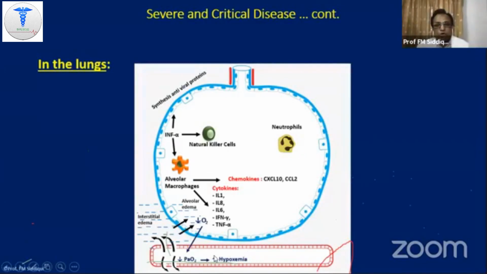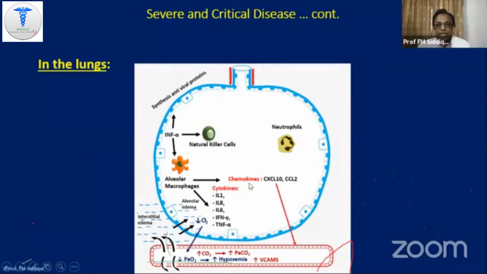This hypoxemia causes further breathlessness. And not only that, carbon dioxide which should go out from the capillary into the alveolus to be expelled cannot go out efficiently, so it accumulates, and there is increased retention of carbon dioxide.